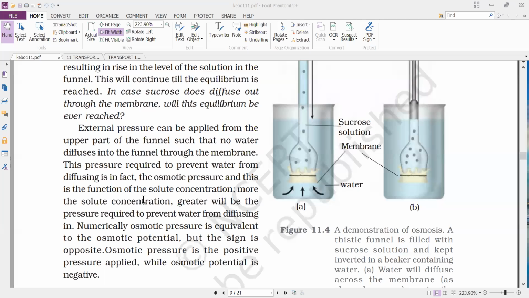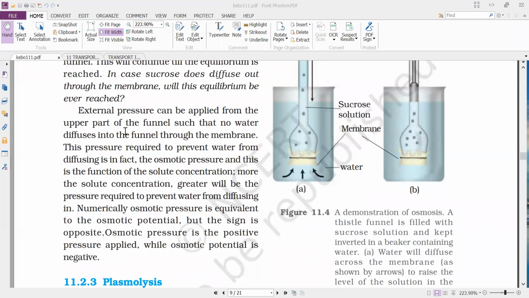Okay, and next, external pressure. External pressure can be applied from the upper part of the funnel such that no water diffuses into the funnel through the membrane.